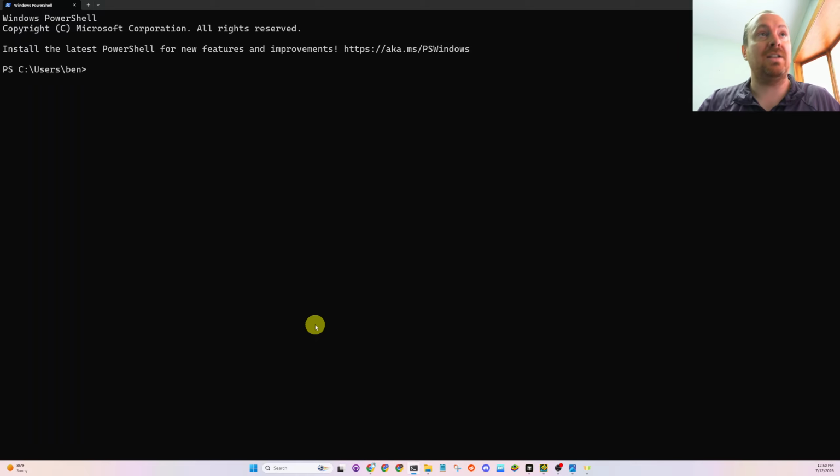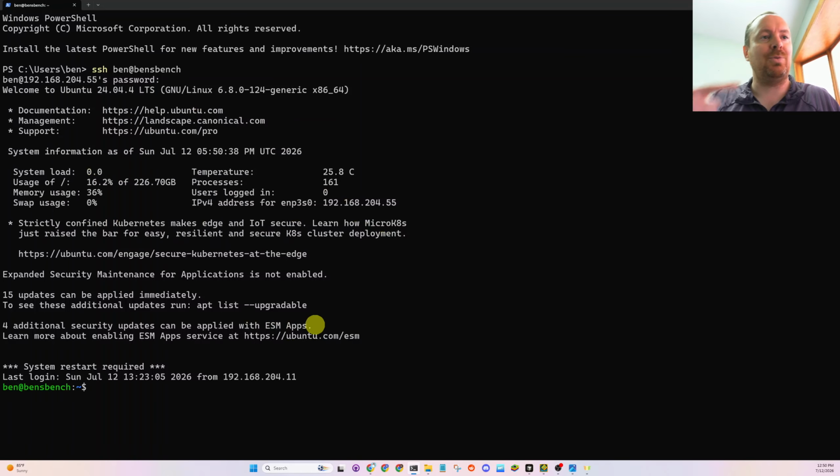So then I'm just going to SSH into my other Linux instance, my little computer right next to me that I've shown a few times. It's called Ben's Bench at the moment. So this is just an Ubuntu server running, so there's no desktop environment. It's just through SSH terminal.